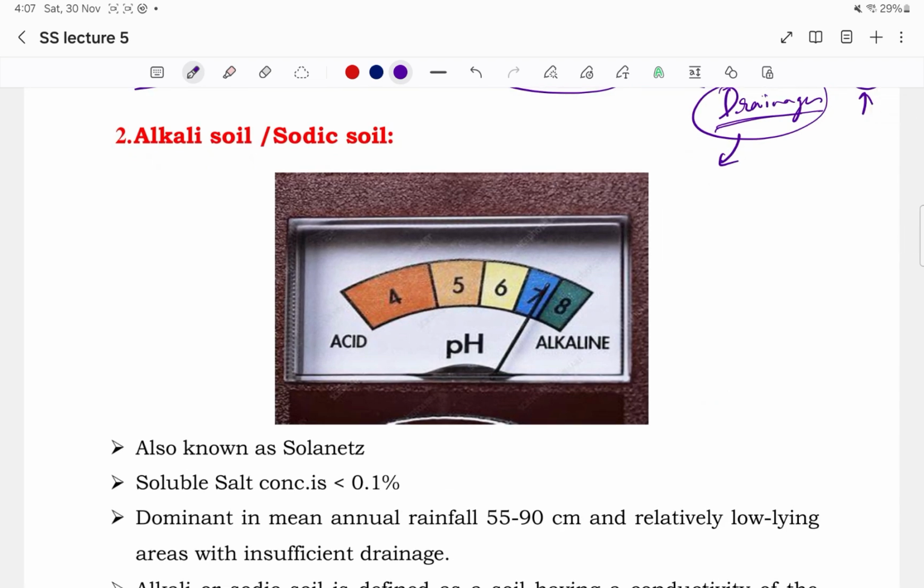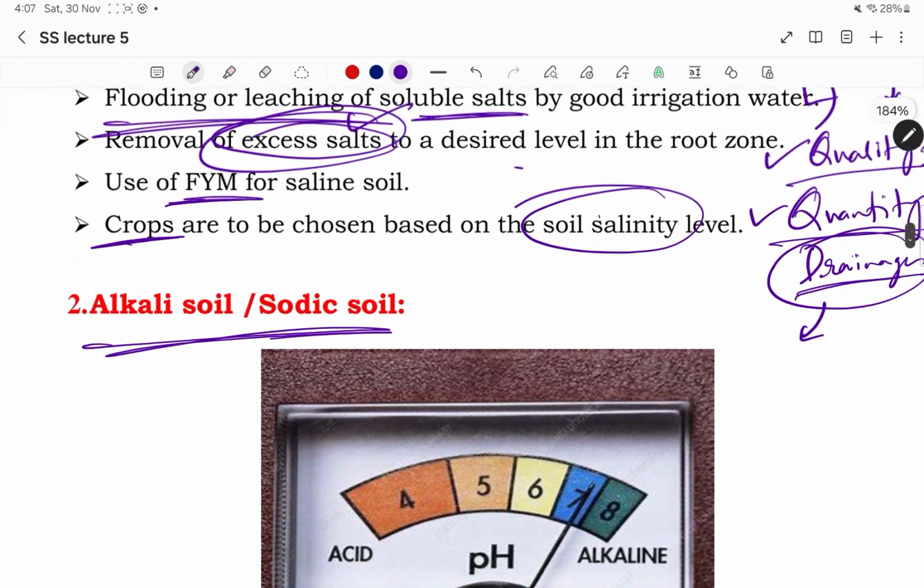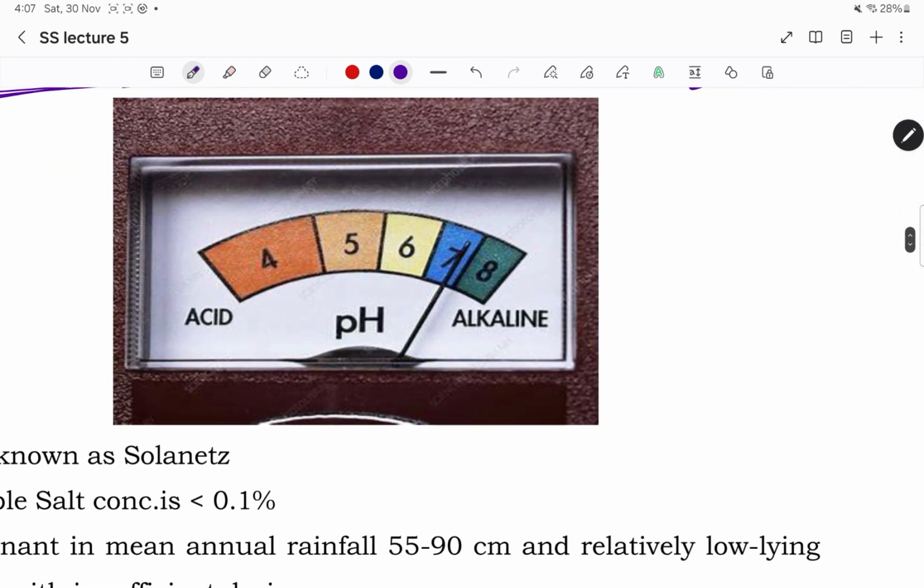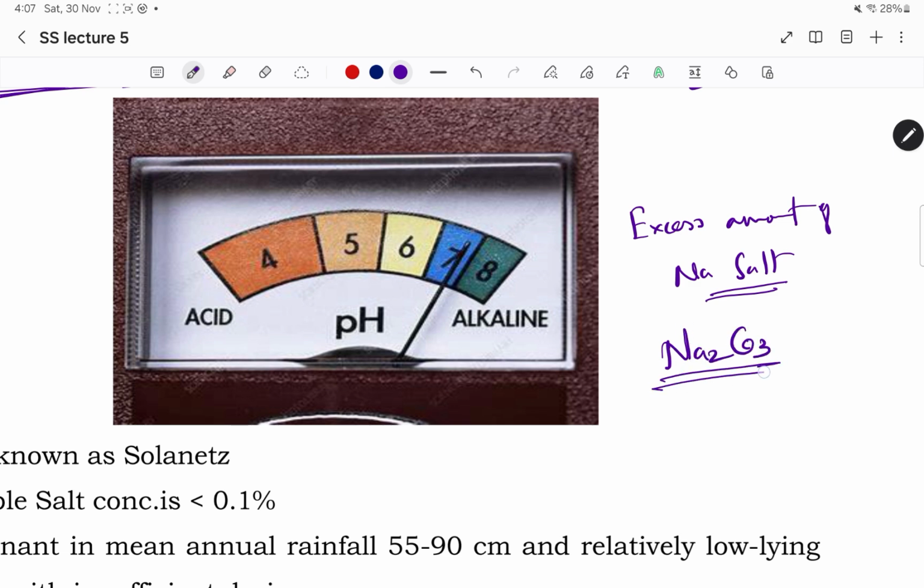alkali or sodic soils. This is also salt affected soil. Here we can see an excess amount of sodium salts, for example Na2CO3, sodium carbonate.